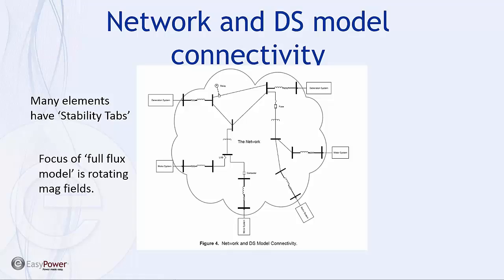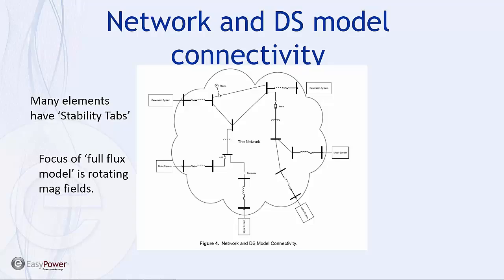What this boils down to is that we have a network inside of this cloud, and although there are certain elements inside of this that respond to changes in the system, they are really not the drivers of the change in current and voltage.